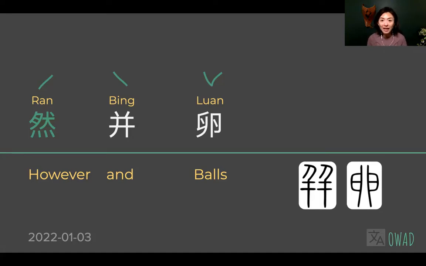So 然 over here, actually, because 然 is a multiple meaning Chinese character, like most of the Chinese characters, there are multiple meanings. So how to decide what it means here in this context? Because we have other characters that are omitted in this expression. And this actually is a contemporary Chinese expression.